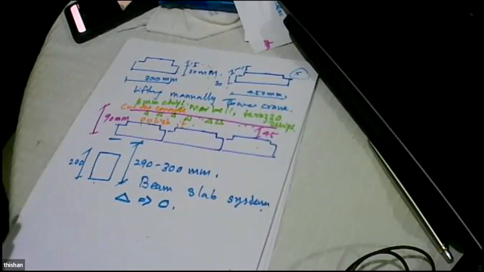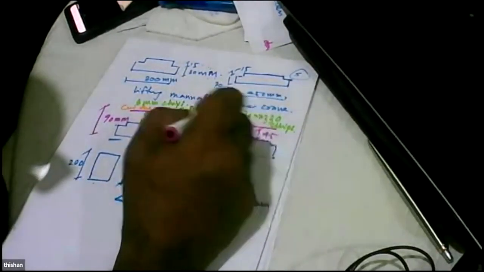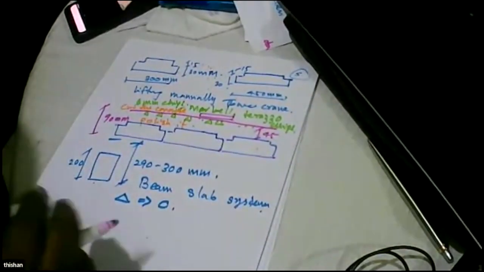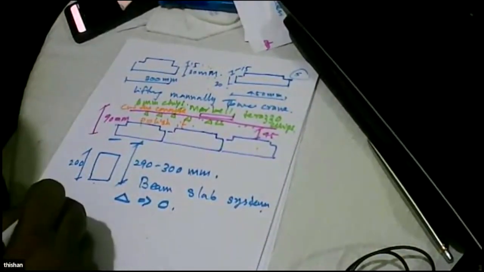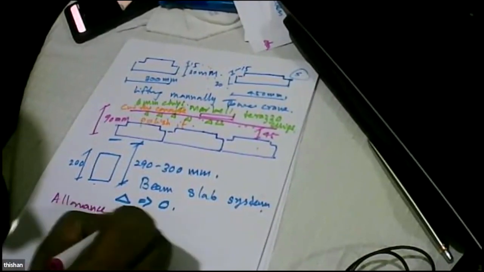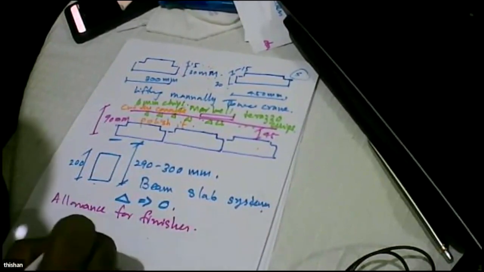And then subsequently, say after a few years of occupying it, you might decide, okay, better to have a tile. Tile is only about 8mm. So what is the allowance for finishes? It can be reduced.